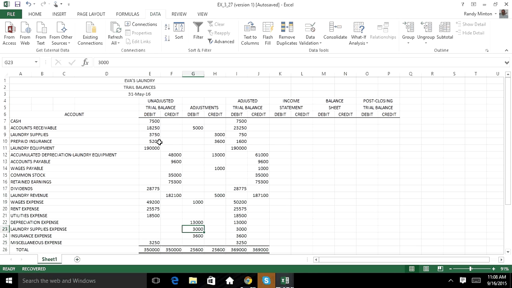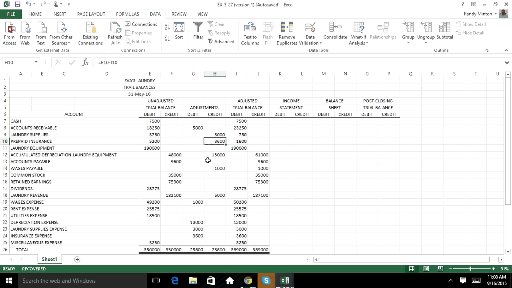The next account would be very similar to that one because it's prepaid insurance, and what happens is we prepay insurance over some period of time, several months maybe, and as we go through a period of months, we take the amount of insurance that we've actually used up and is no longer prepaid for us out of the account and put it into an expense.